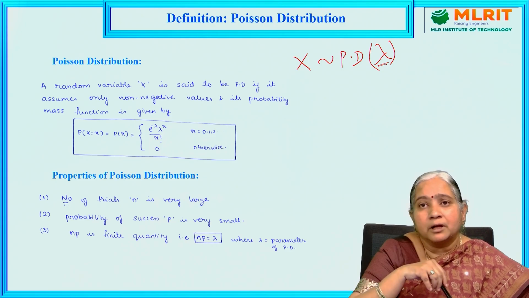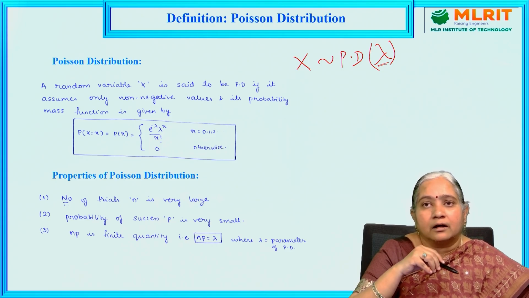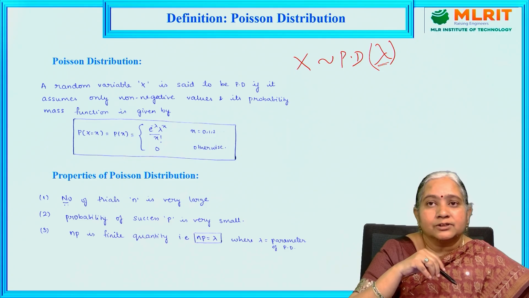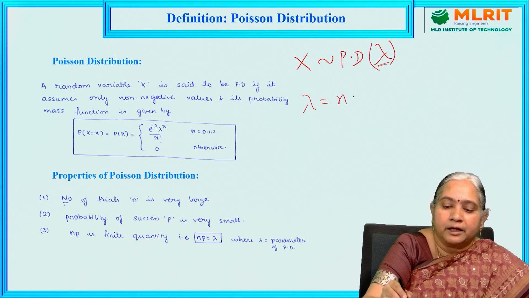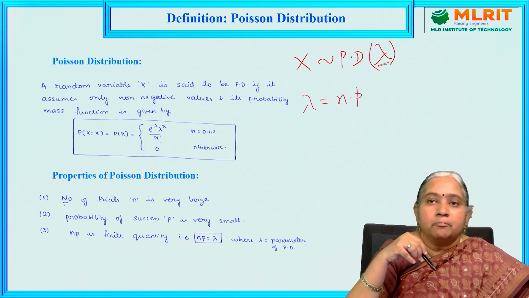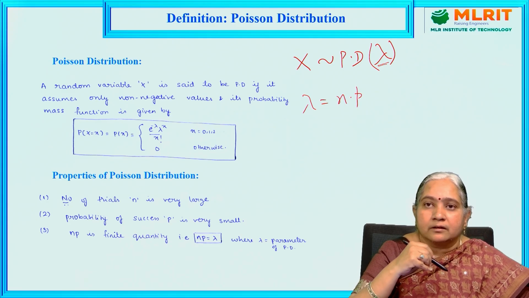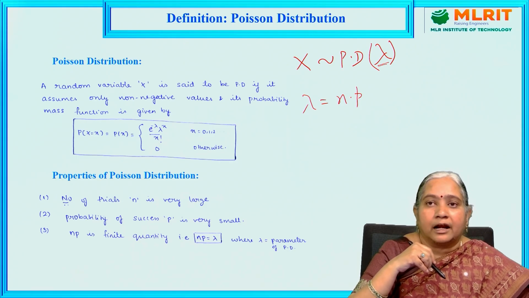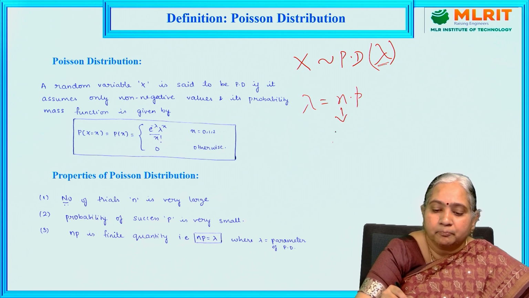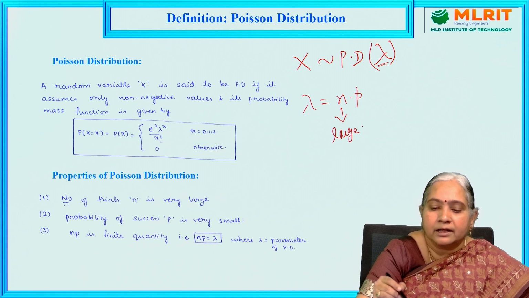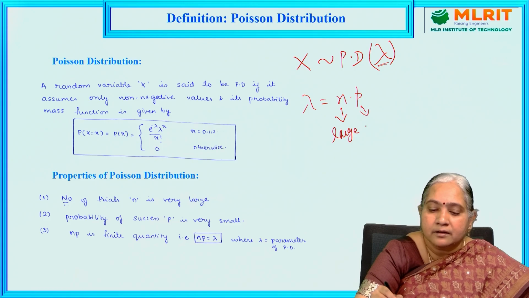In binomial distribution, the parameters are n and p. In Poisson distribution, the parameter is lambda. So what is lambda? Lambda equal to n into p. p is the probability of success in a random experiment, and n is the number of times the random experiment is performed. Here n is large and p is very, very small.